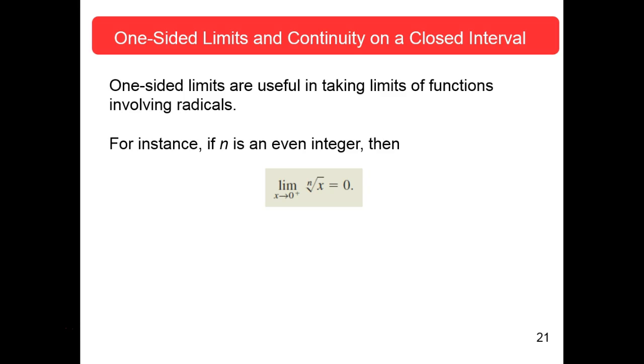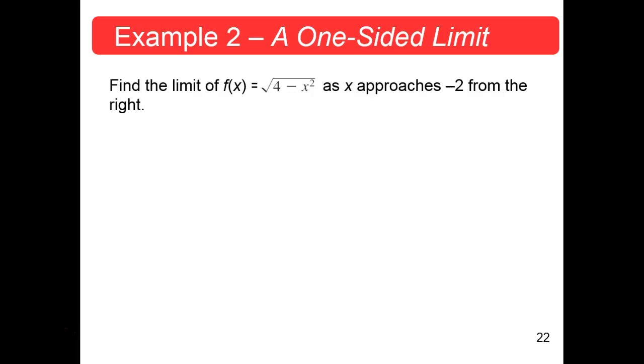You can't leave off the plus sign here, because it doesn't exist from the left. It does exist from the right, because you can't take an even root of a negative number. Ever. In the real number system.